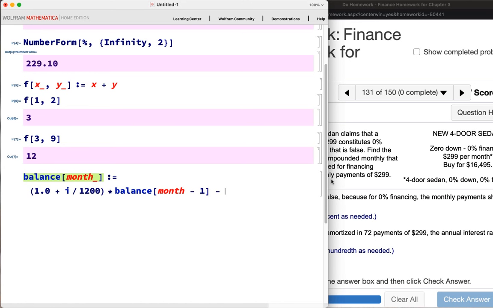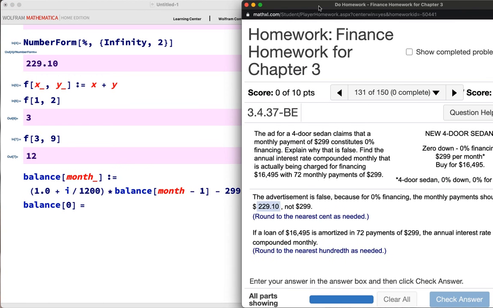Minus, okay, so every month I pay $299, which means I am decreasing my debt by $299, which is why it's minus instead of plus. I'm not increasing my debt, I'm decreasing my debt. Balance 0. Let's see, my initial, okay, so the car really costs $16,495.